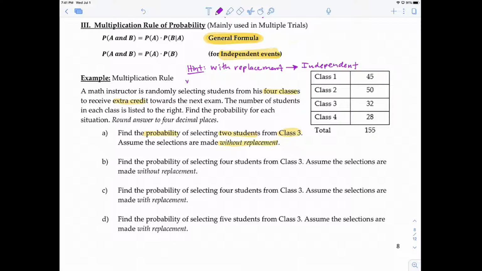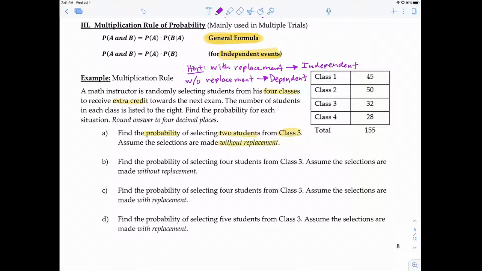And whenever it's without replacement, we have dependent events. Now, some problems are going to explicitly say with replacement or without replacement, but sometimes you're going to have to read into the problem, understand the situation, and decipher whether it's with replacement or without replacement. So in this problem, it says without replacement.